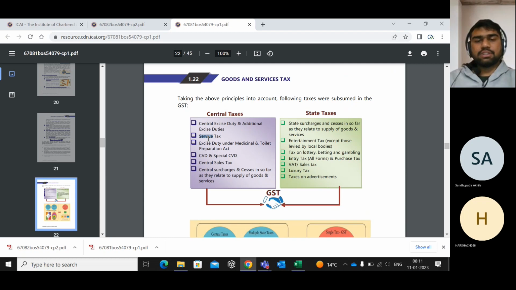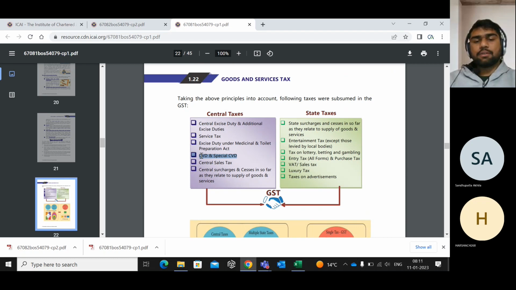Service tax, that means the services excise duty under medicinal and toilet preparation, CVD and special CVD. That means SAD. CVD means the countervailing duty. Special CVD. CVD is nothing but to countervail excise duty, and to countervail VAT, special CVD is there.